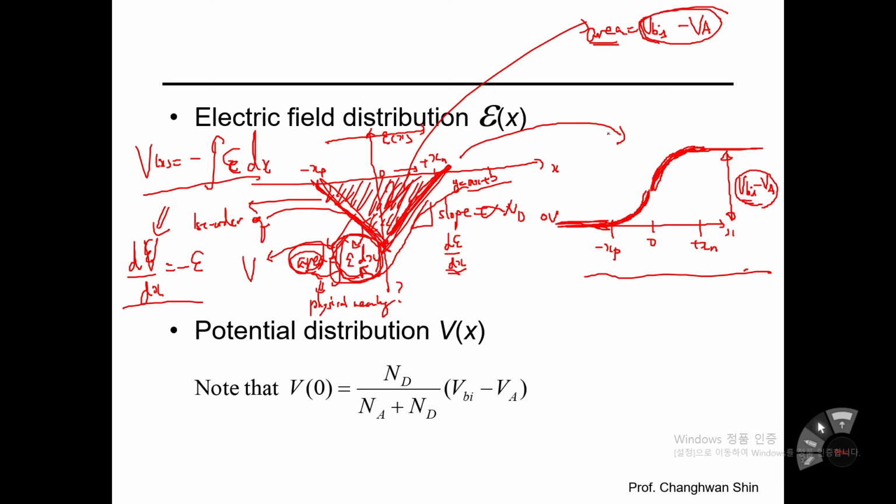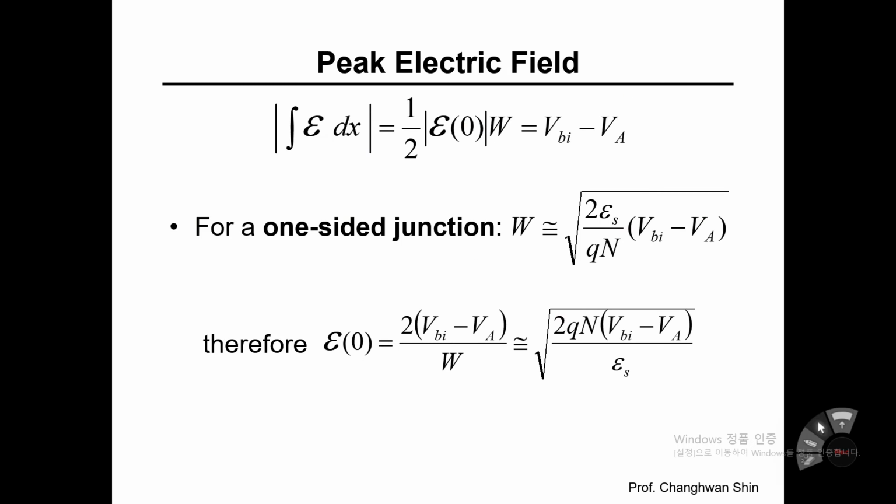Okay, so once you know the electric field distribution, by estimating the area of this plot, then you're gonna get VBI minus VA. Okay, all right, and now let's move on to the next slide. Previously I have drawn the electric field distribution along the x direction, so like that. So this area can be obtained by taking the integration of the electric field with respect to x.